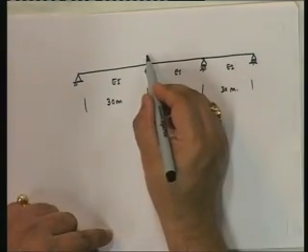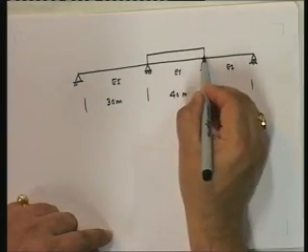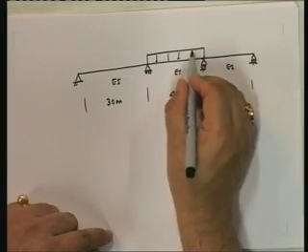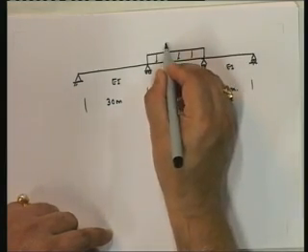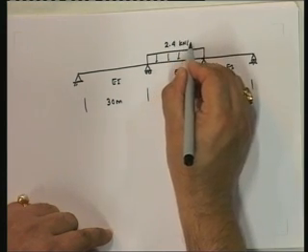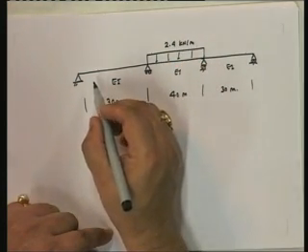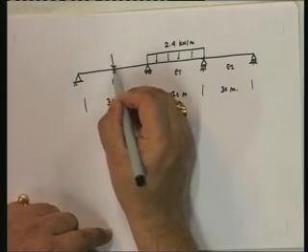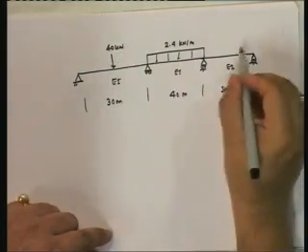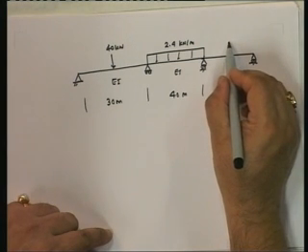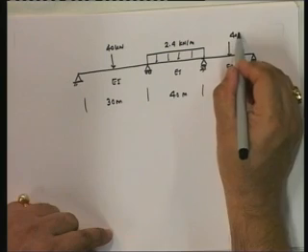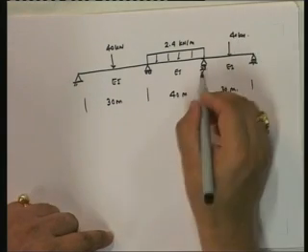Then on this we have 2.4 kilonewton per meter. Here at the center point we have a load of 40 kilonewton.